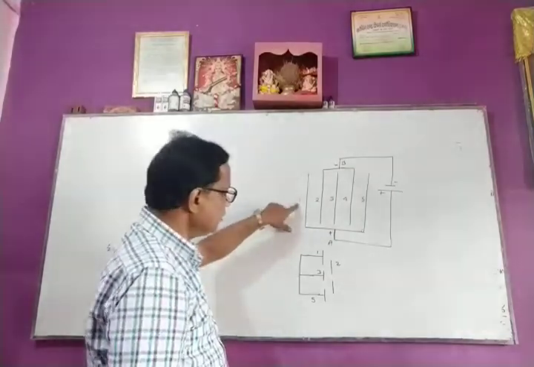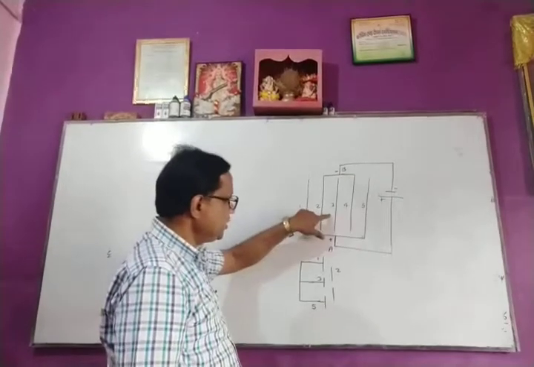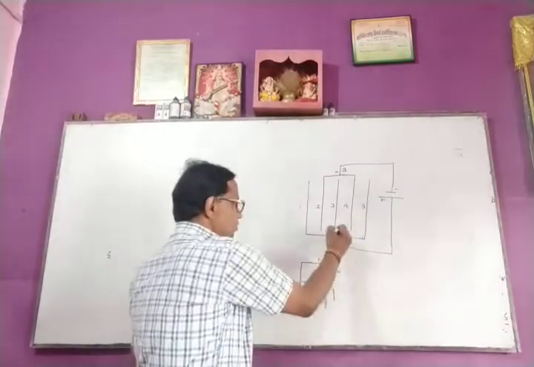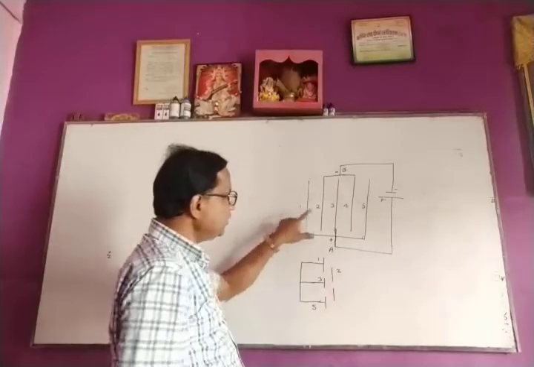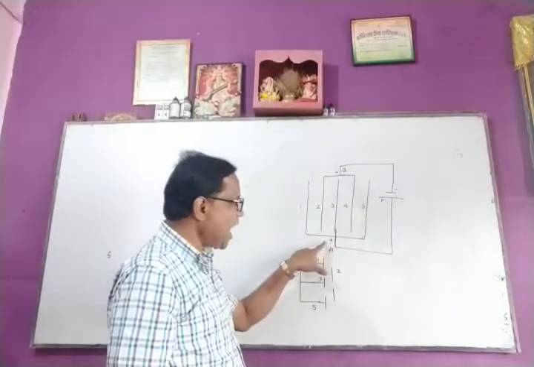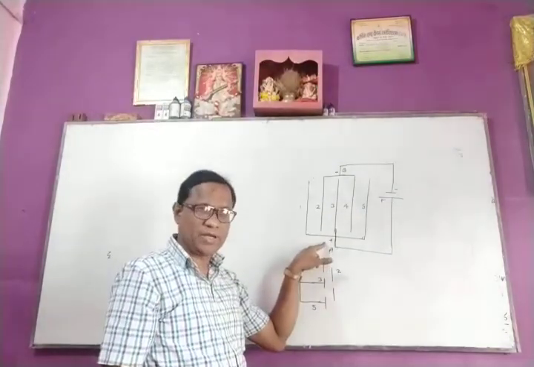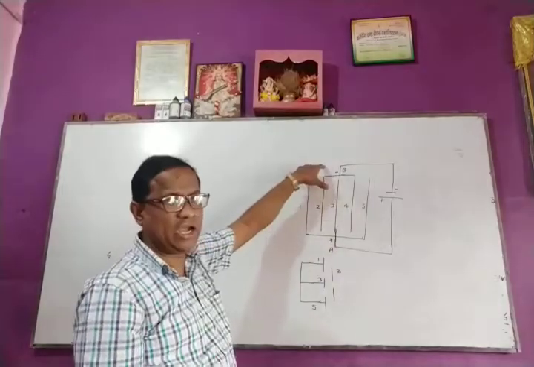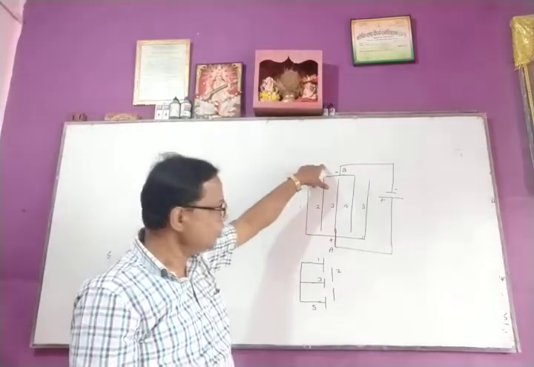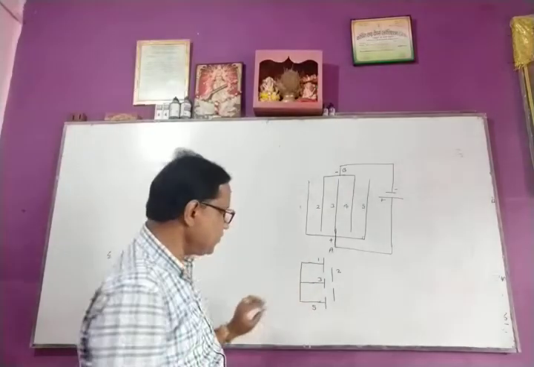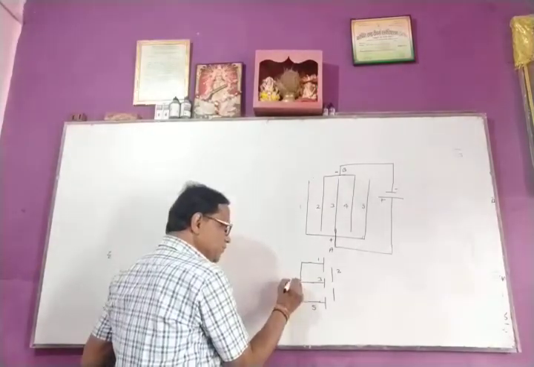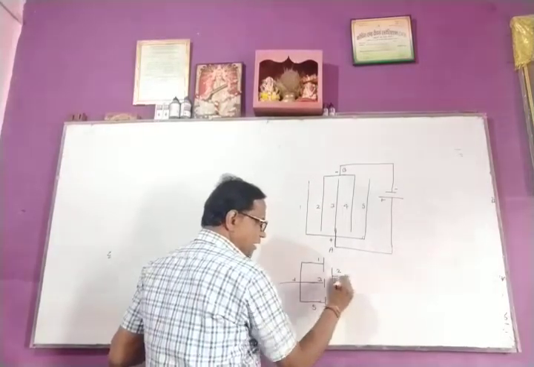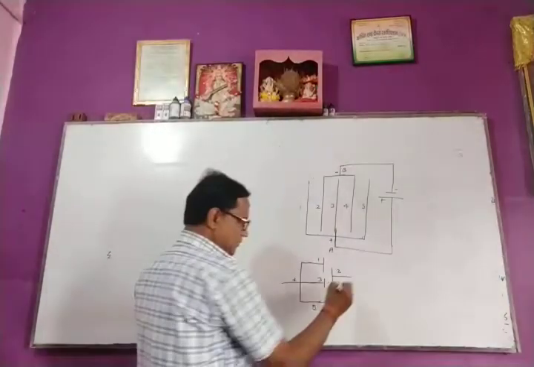So 1, 3 and 5 are at the positive terminal and 2 and 4 are at the negative terminal. So 1, 3, 5 at positive and 2 and 4 are at negative terminal.